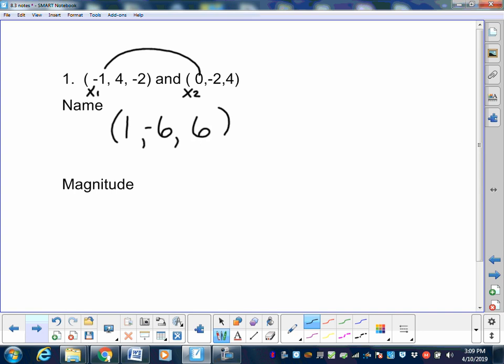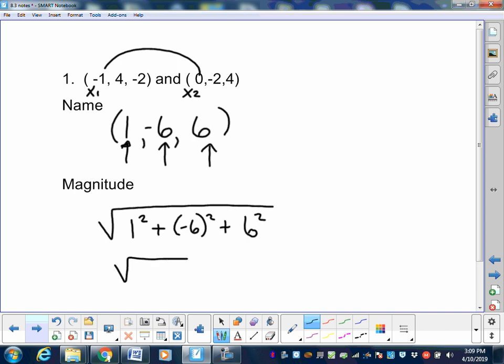Okay, that's done. Next step, we're going to find the magnitude or the distance. Yesterday, all you did was basically take this right here and square it and add it. Take this and square it and add it to this one squared.